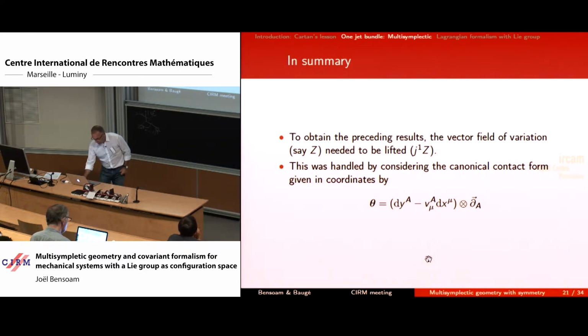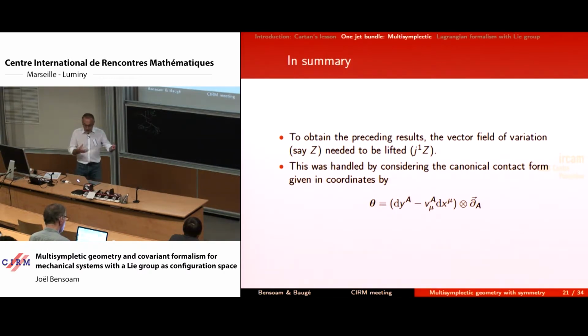So to make a summary, we just introduce many variables, more than one independent variable. We make a variation to conserve the holonomicity of the sections in computing the variation of actions.